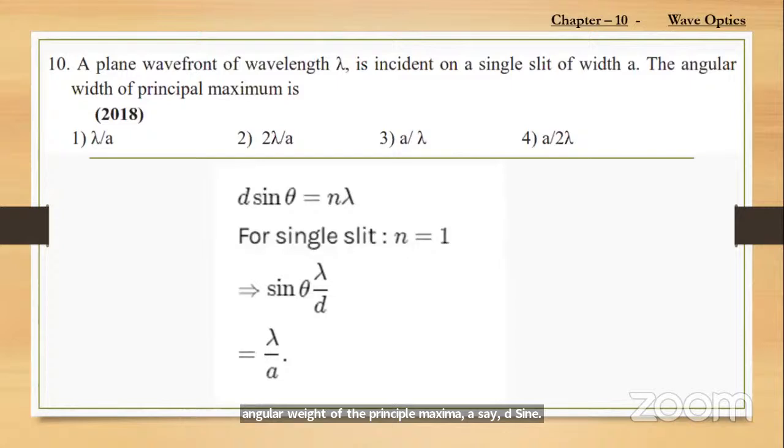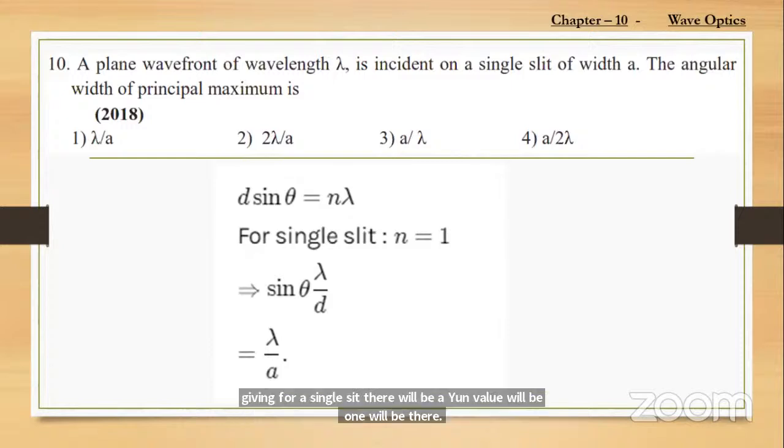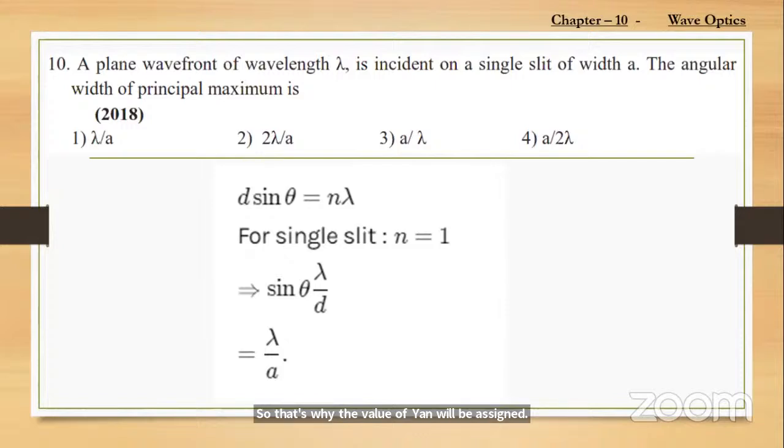For a single slit, the value of n will be 1. So sin theta is lambda by a, because we are going to consider the sin theta value approximately. So the answer will be lambda by a. Option first one is the right answer.